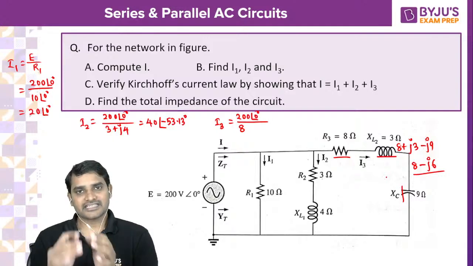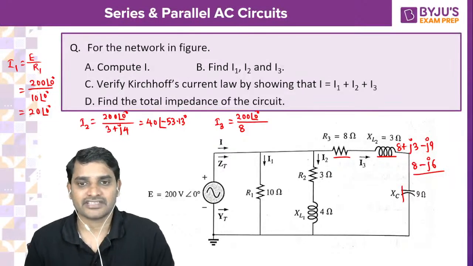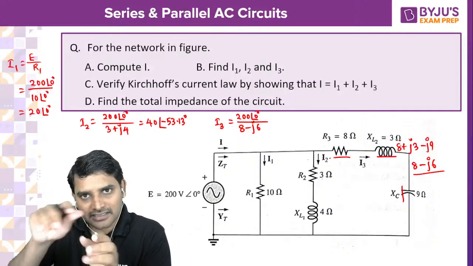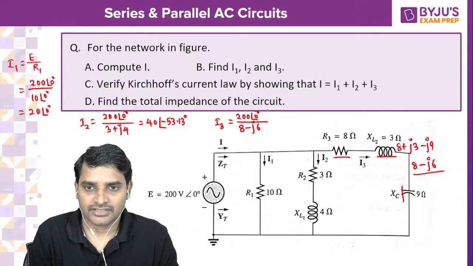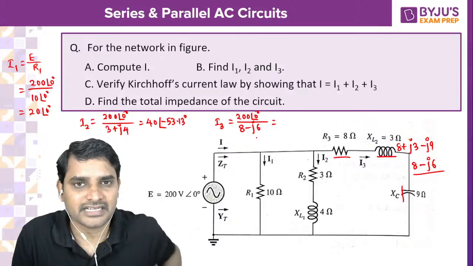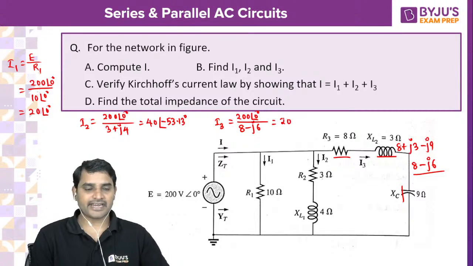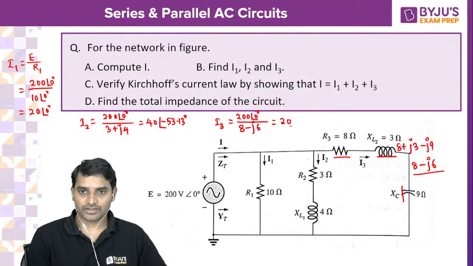One reactance is negative and one is positive, so you compensate them. 8 squared plus 6 squared is 64 plus 36, the root of 100 is 10. So 200 divided by 10 is 20, at an angle tan inverse of 6 by 8, which is 36.86. Since it is 8 minus j6, the angle is plus 36.86.